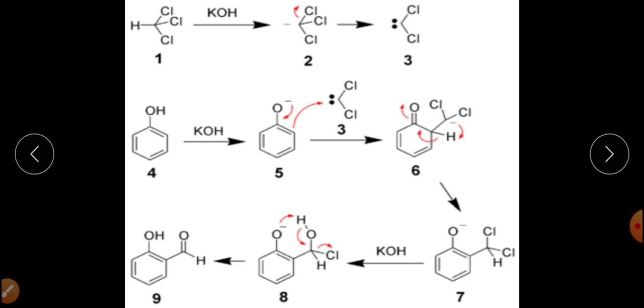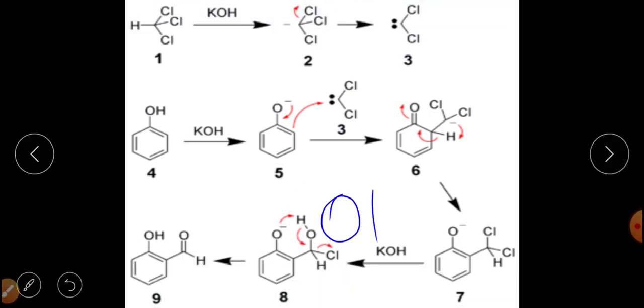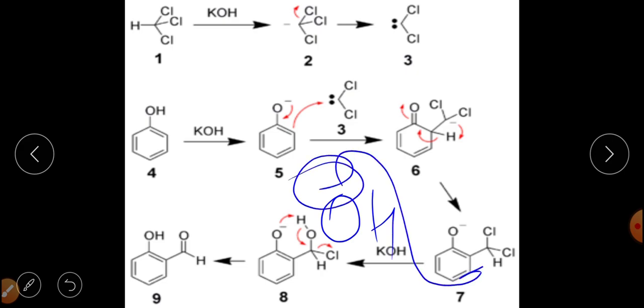Again we are reacting it with base, so OH negative, which is a nucleophile, will now attack on this particular carbon. So there is the attack of OH negative with migration of Cl. This OH negative will attack on this carbon with migration of one Cl.